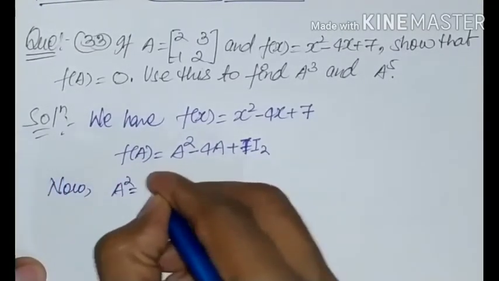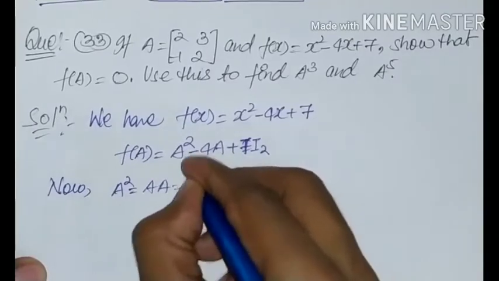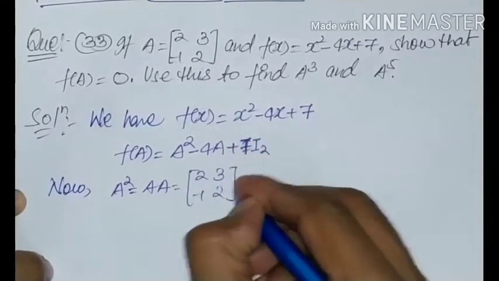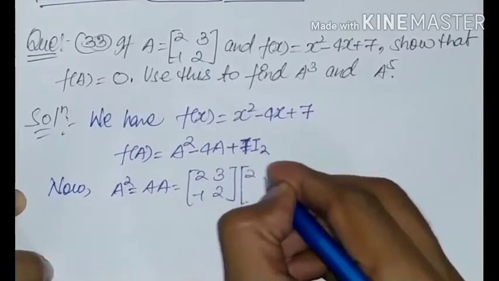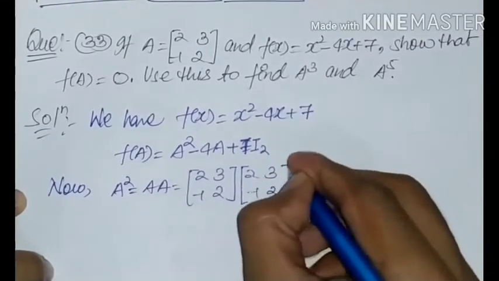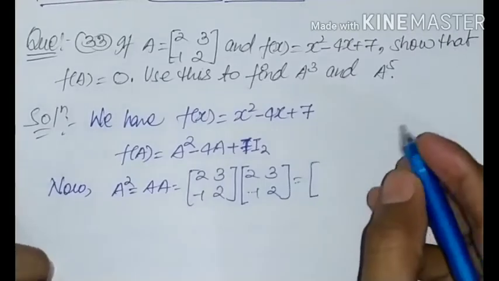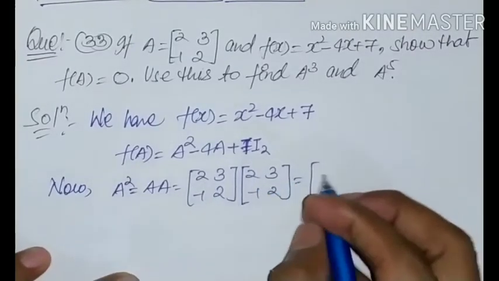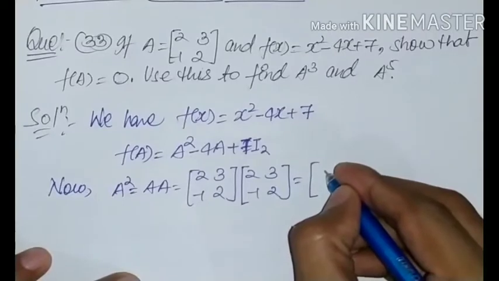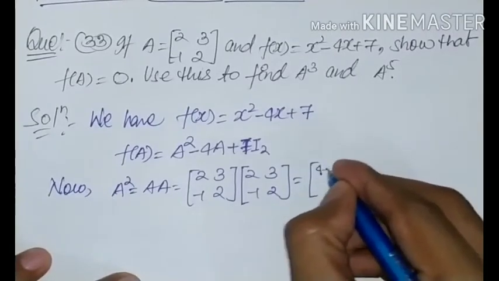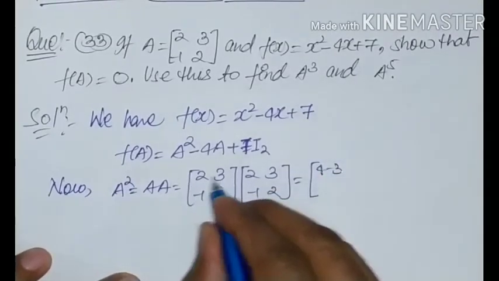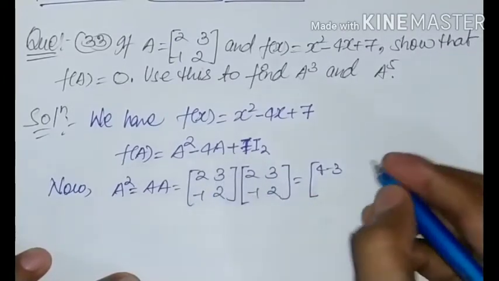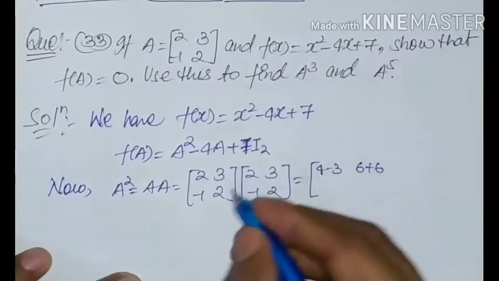Now A squared equals A into A, which is [2 3; -1 2] times [2 3; -1 2]. First row, first column: 2 times 2 is 4, 3 times minus 1 is minus 3, so 4 minus 3 is 1. First row, second column: 2 times 3 is 6, 3 times 2 is 6, so 6 plus 6 is 12.